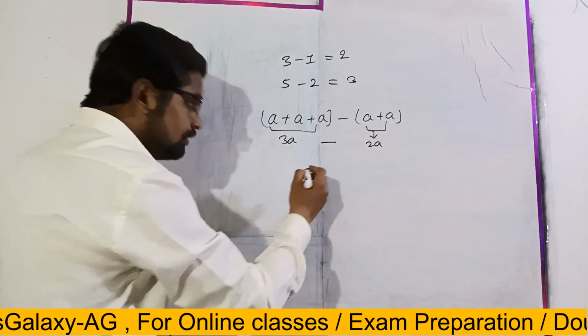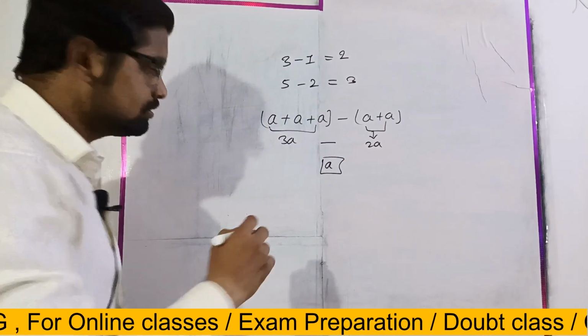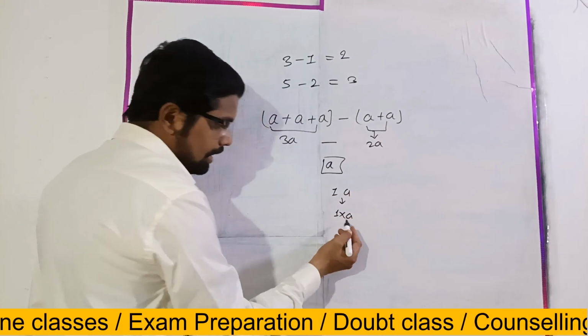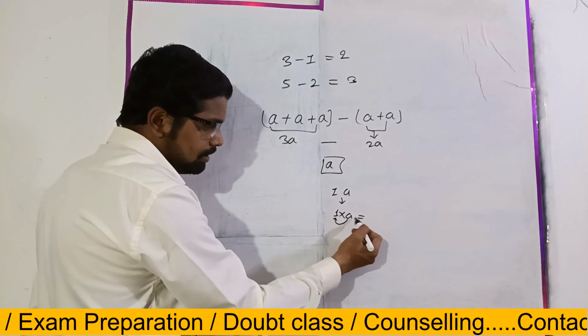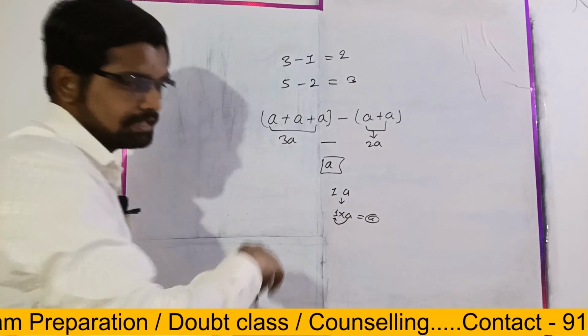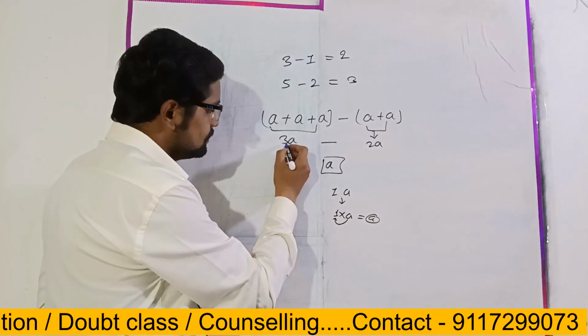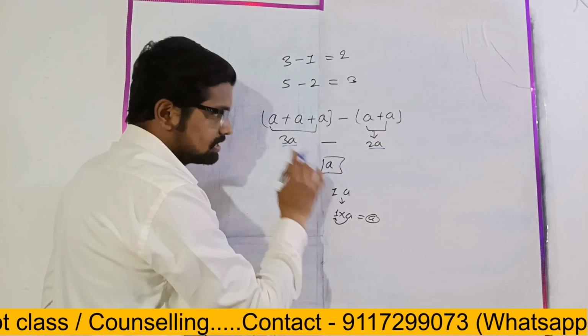It will be 1a, or just a, because 1a means 1 into a, and when we multiply a number by 1 we get the same number, so it will be a. That's why, as you can see here, 3a minus 2a will be just a.